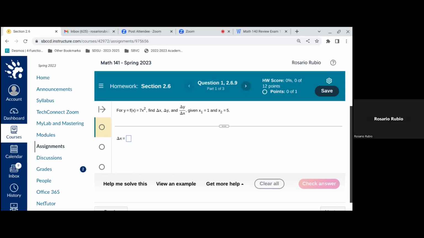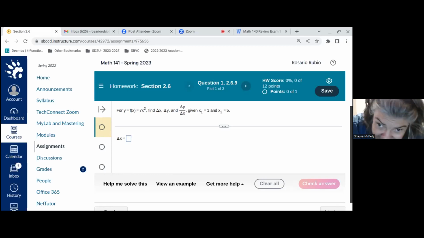f of x is equal to 7x squared. This is getting you ready for the tangent line versus the secant line and the point and all of that. We want to find delta x, delta y, and delta y over delta x.